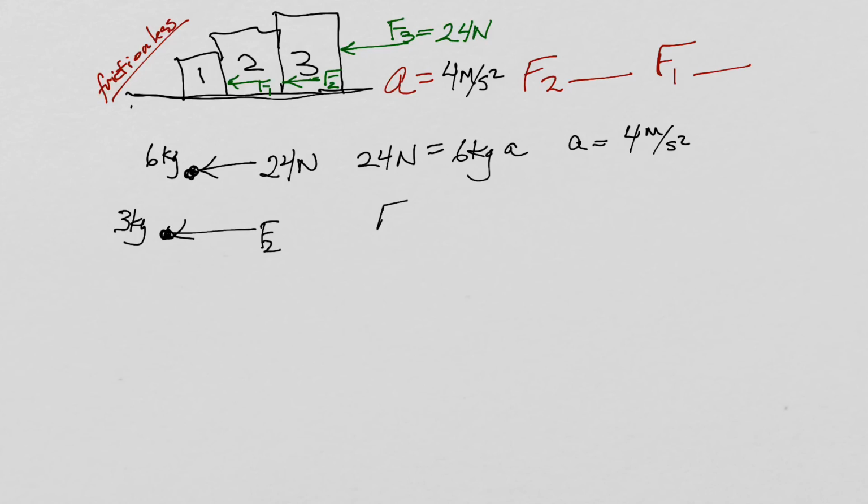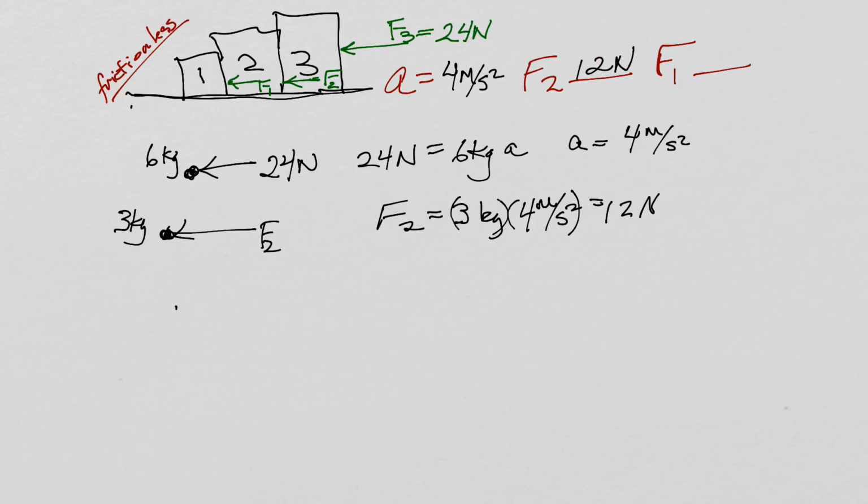So F2 equals 3 kilograms times 4 meters per second squared acceleration, and that's 12 newtons. So over here I have 12 newtons.